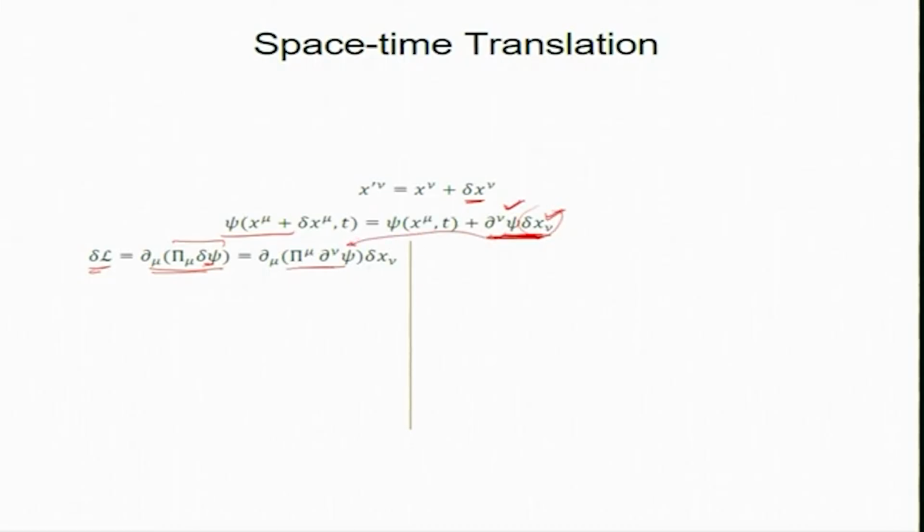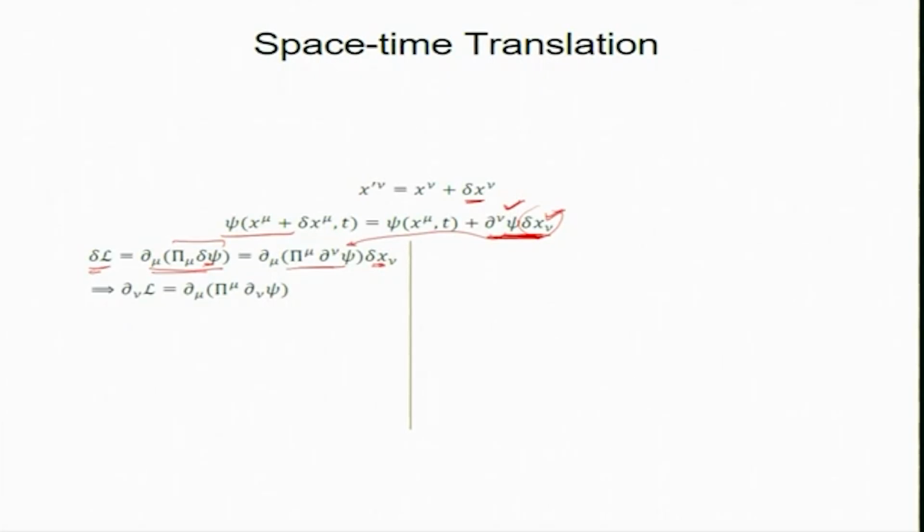Now, take the derivative of this, and I have taken this delta x nu out. Well, I think I am doing an approximate derivation.